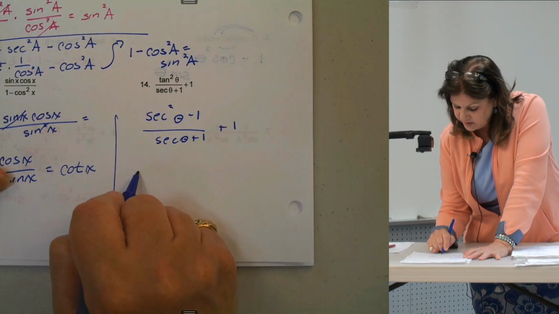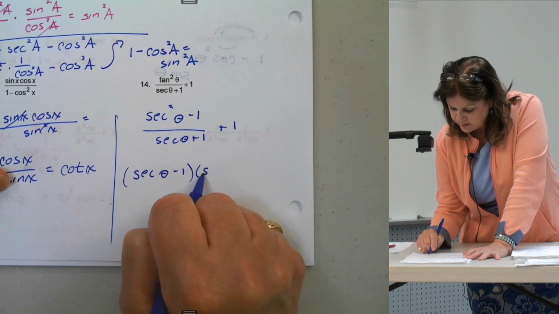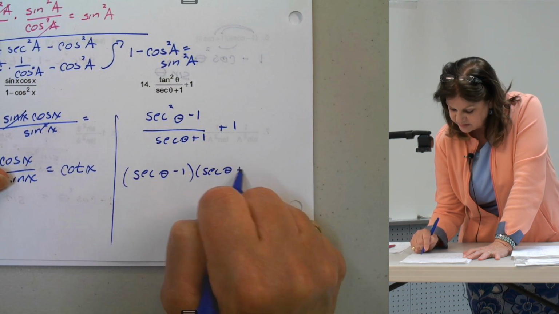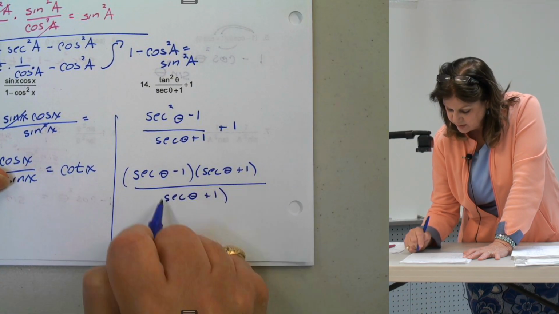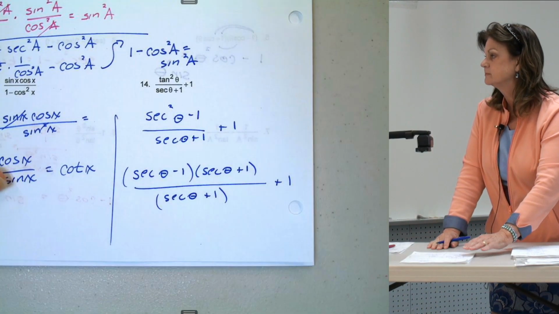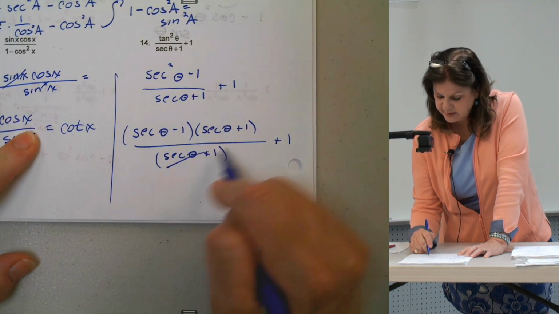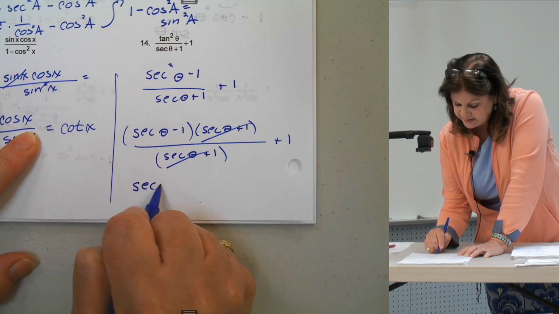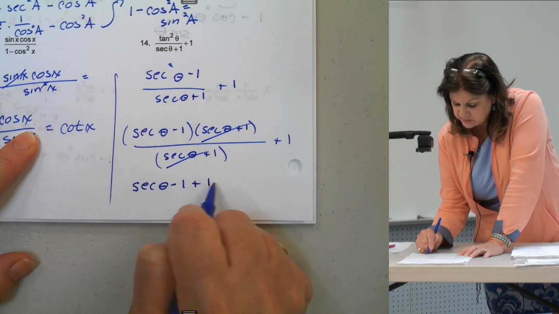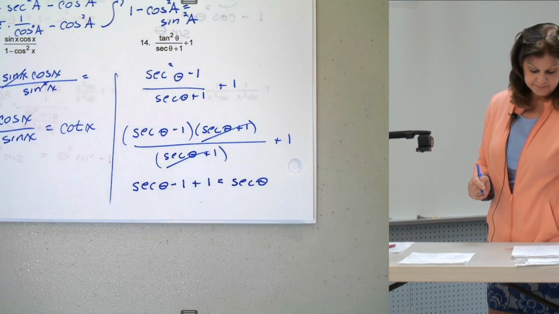So now we've got secant theta minus 1 times secant theta plus 1 over secant theta plus 1 plus 1. Well, how perfect is that? That goes away and that goes away. So now we're left with secant theta minus 1 plus 1, or simply secant theta.